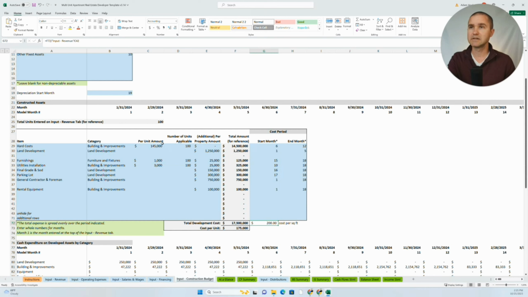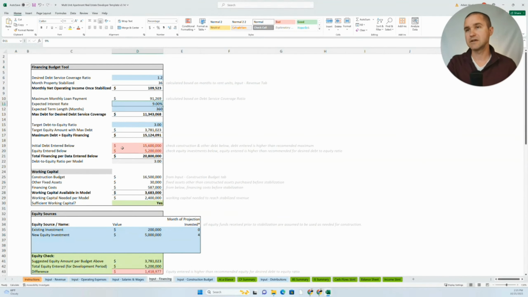Maybe we're going to try to find a way to bring this down, and we think our hard costs are going to be $135,000 per unit instead of $145,000. So now we've got our cost per square foot down to $188. And then we can come back to our input financing and see, okay, that still doesn't work. We're still not where we need to be, but maybe, what if our rate was 7%? Still not there. We can see the difference.